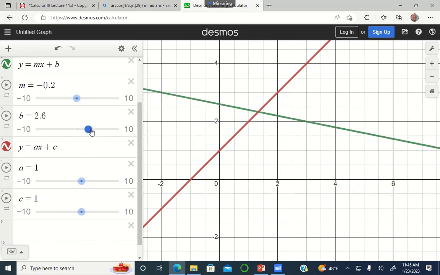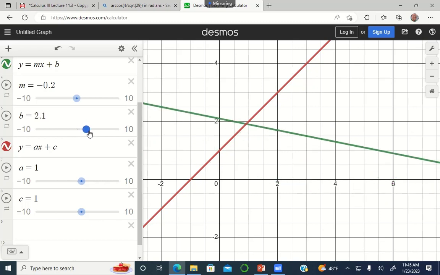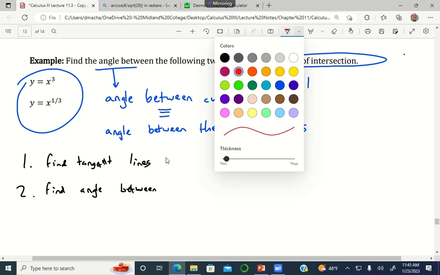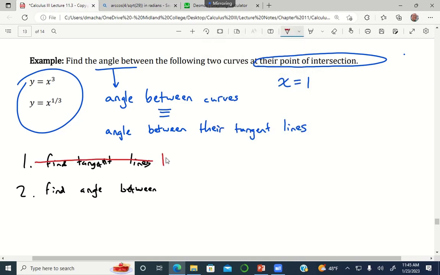They're going to have the same angle of intersection. So I really only care about the slope of the tangent lines. What is the slope of a tangent line to a curve? First derivative. Yeah, it's just the derivative. So I don't need to find the whole tangent line, I just have to find the derivative.